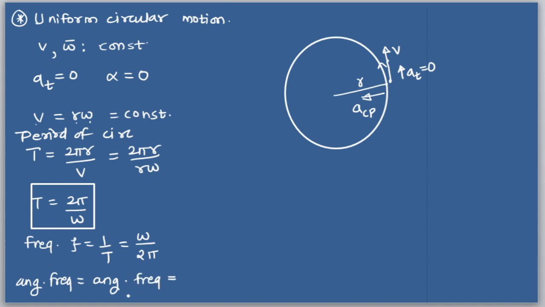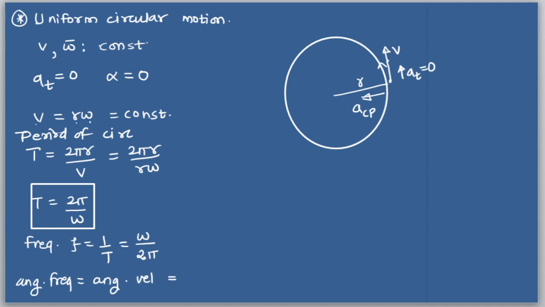What is the unit of omega? It is radian per second. And the unit of frequency is rotations per second, rps, or rotations per minute, rpm. What is the angular frequency or angular velocity omega in terms of f?